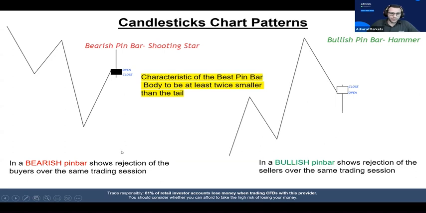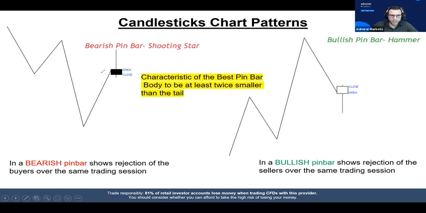It simply shows rejection of the buyers over the same trading session when we are talking about a bearish pin bar. Let me make it a bit different this time. I will draw not a candlestick, but a bar chart, and you're going to see the representation a bit easier.